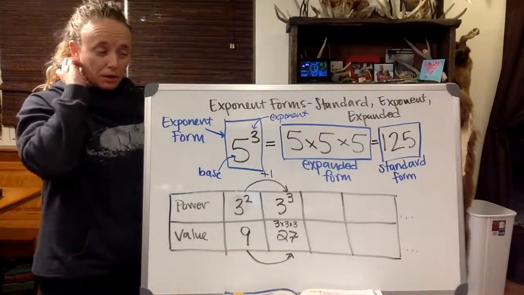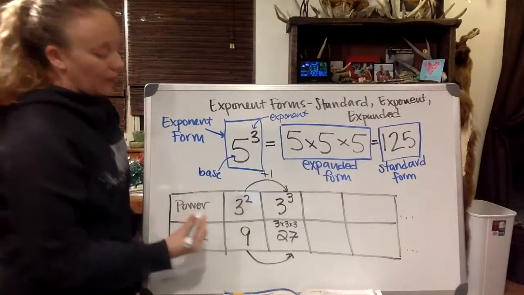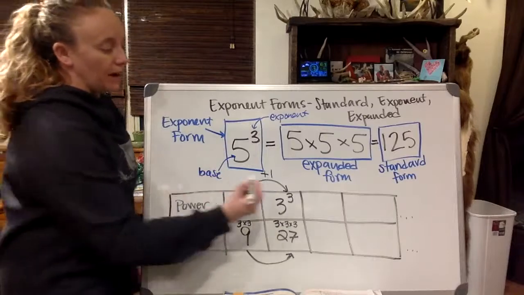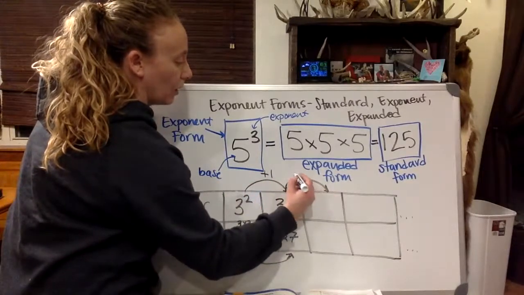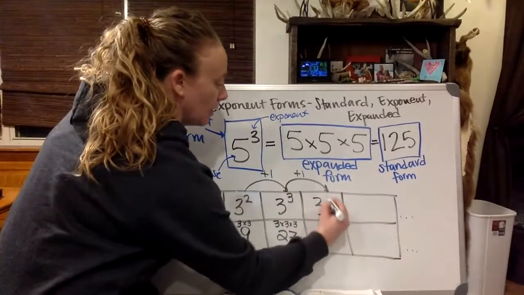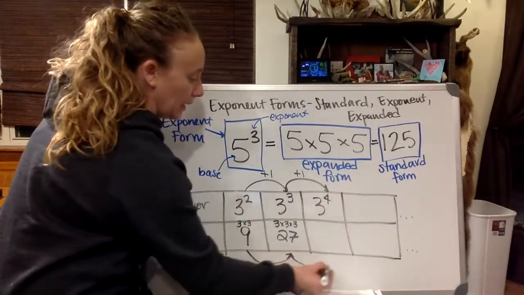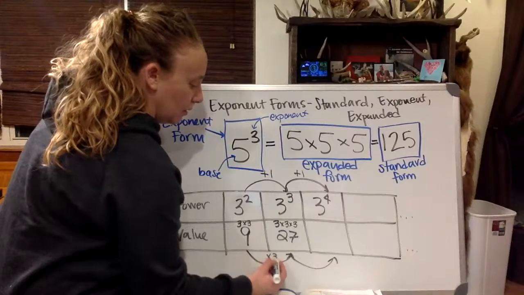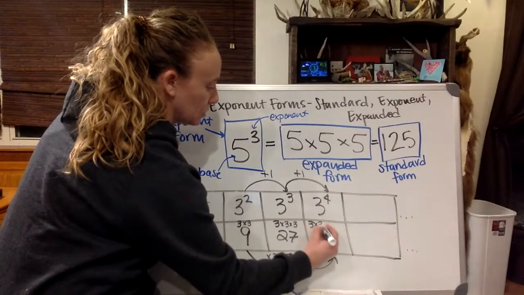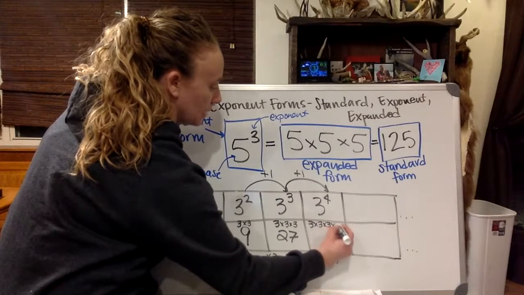And I'll get that number out of that. If I were, and I'll write this one down, 3 times 3 here. If I, again, increase my power by adding 1 to it, I'm essentially multiplying again by 3 again. So I have 3 times 3 times 3 times 3, or 81.